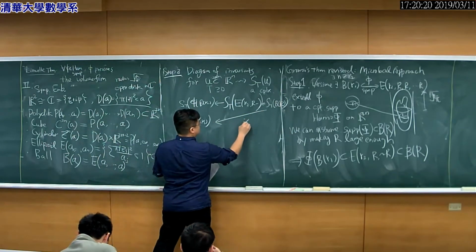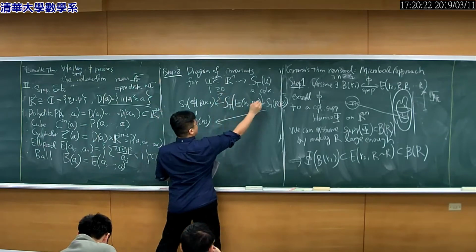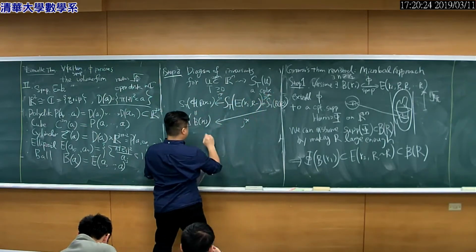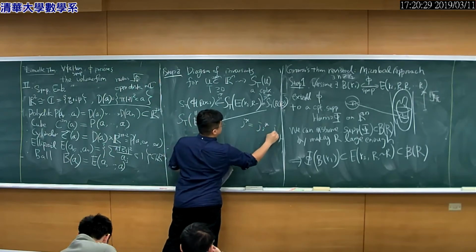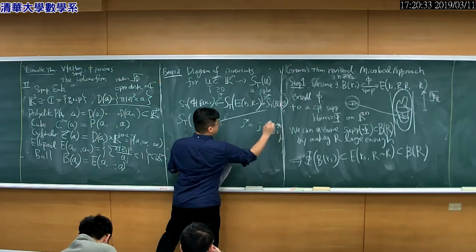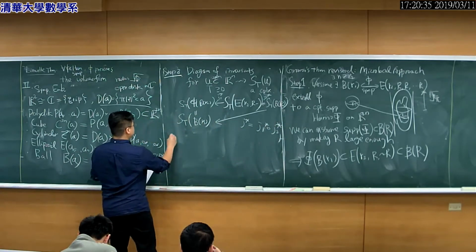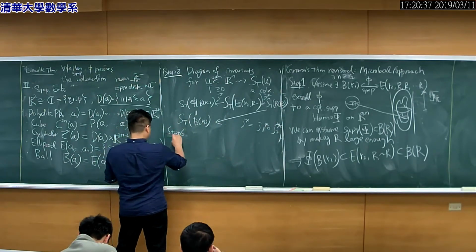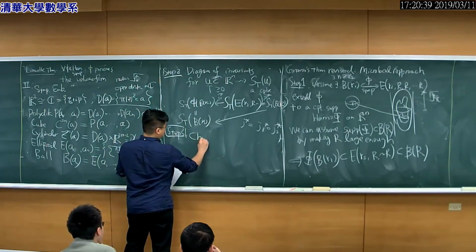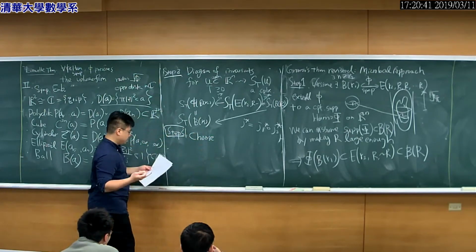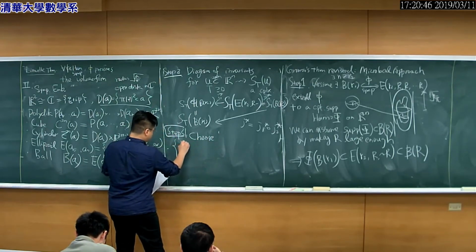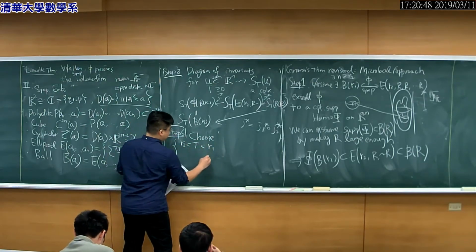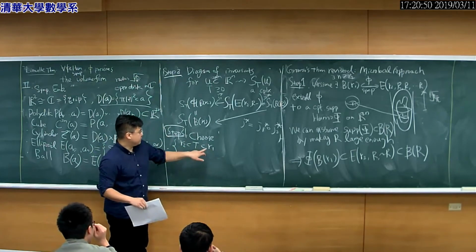Let's say this is my J, this is J1, this is J2, which means that J should equal J1 composed with J2. And step 3, choose an appropriate T such that R2 less than T less than R1, because R1 is greater than R2.